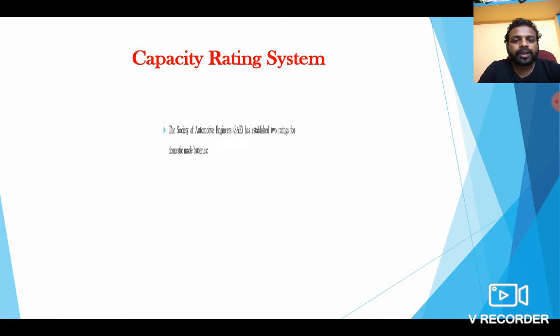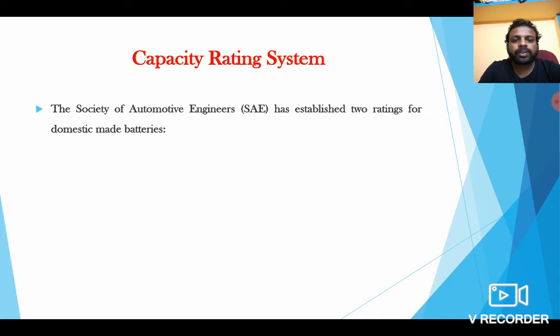And then ratings. The battery is rated based on two types: one is reserve capacity and the other is cold cranking amps. These are the two basic ratings for automobile batteries. They are rated by SAE, the Society of Automotive Engineers.